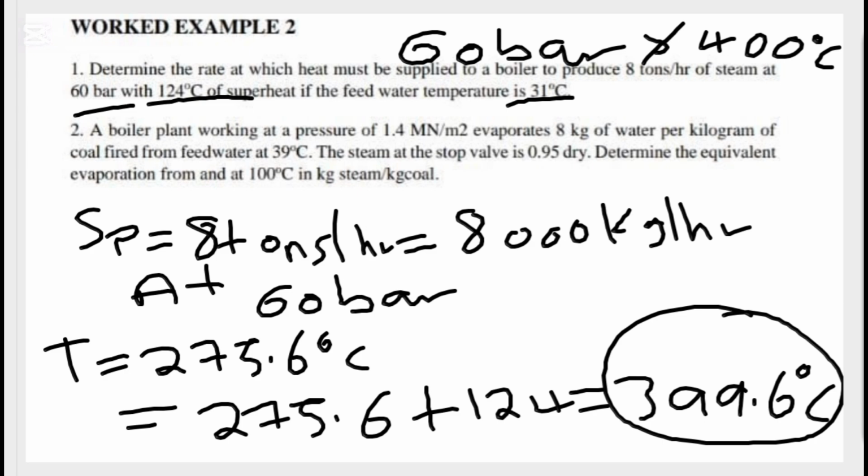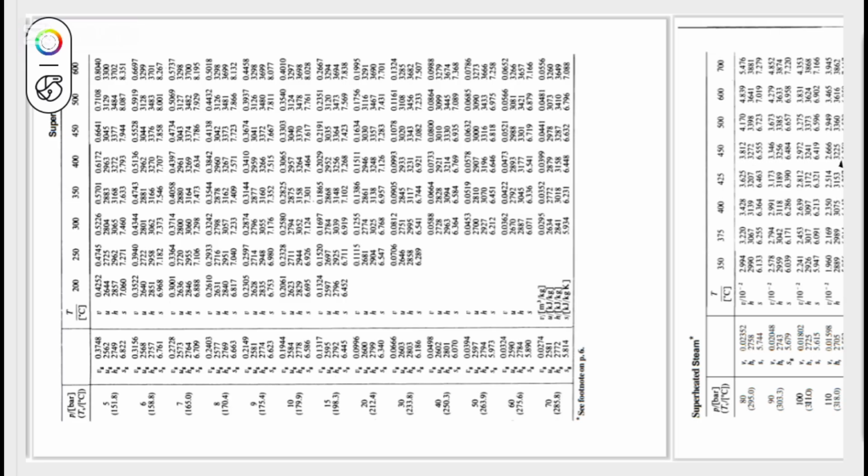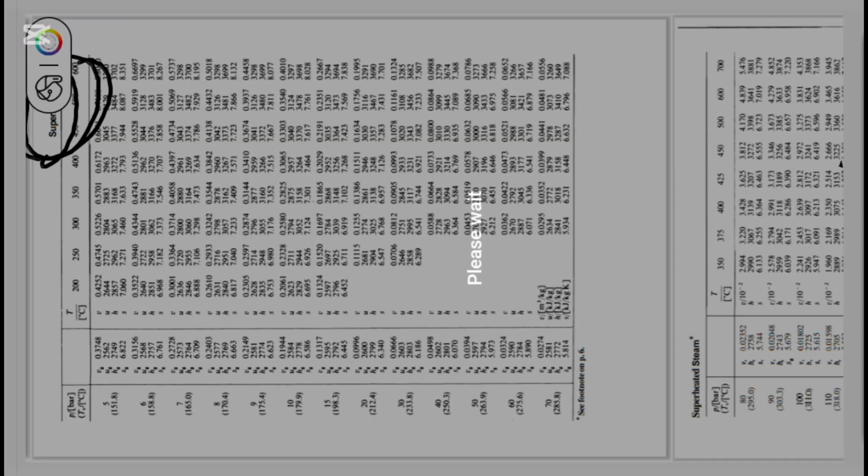So let's check it and see. What if you are asked for the superheated steam? As you can see, this is the superheated steam. Your steam table might be different from my own. So at 60 and 400, which is 399.6, I will first look for 60. So this is 60, this is 60, this is 60.